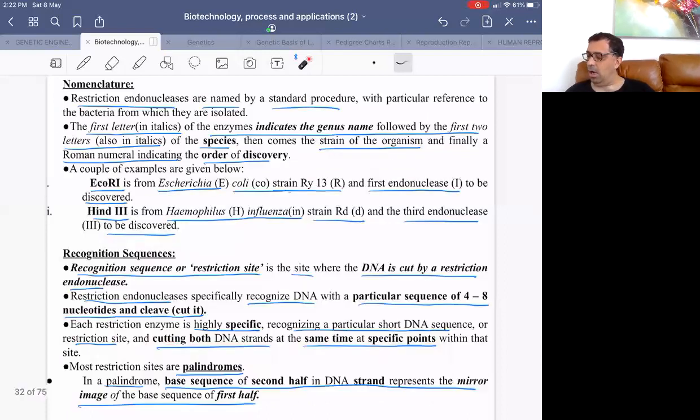And the restriction sites are mostly palindromes. What is a palindrome? In a palindrome, base sequence of second half of the DNA represents the mirror image of the base sequence of first half.